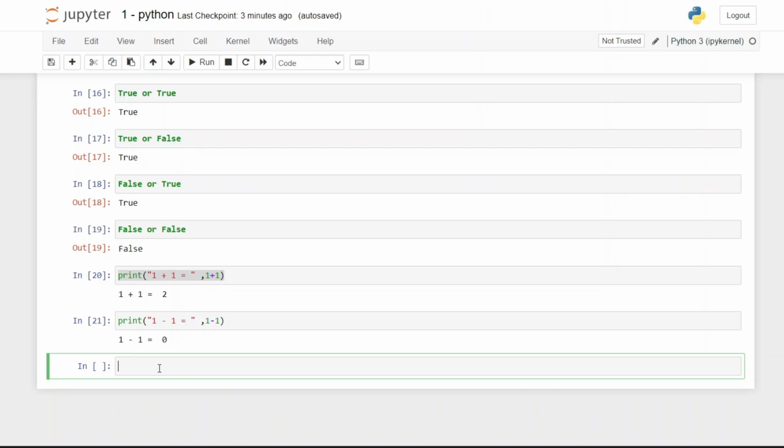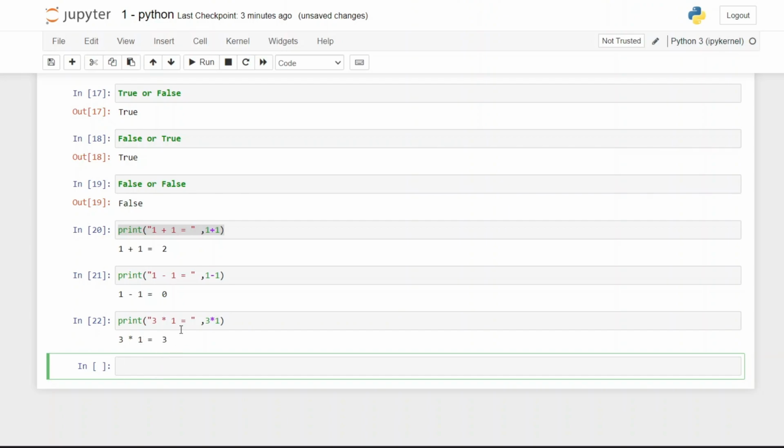If you are checking for multiplication, just change the values. Here you use the multiply sign, asterisk. Then change the values, like 3 multiplied by 1. So 3 multiplied by 1 equals 3.